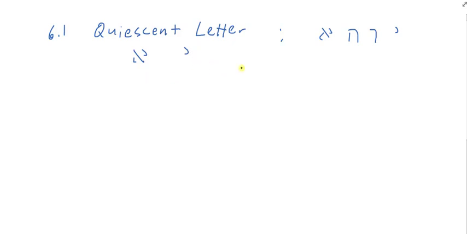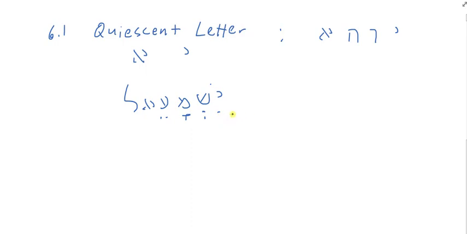Let's take a look at a couple of examples from the book here. Let's take the word Ishmael. You know that from the book of Genesis. It's spelled this way: Yish-ma-el. And I want you to notice something interesting about the spelling of Ishmael here.